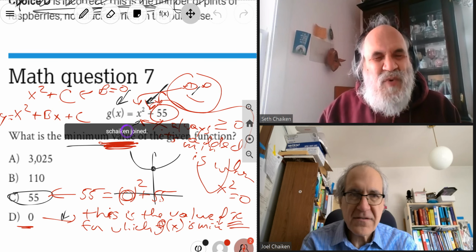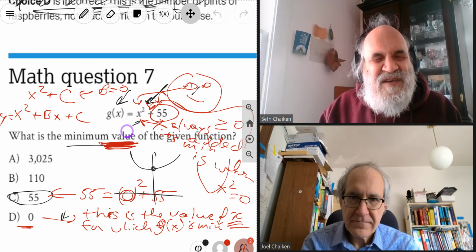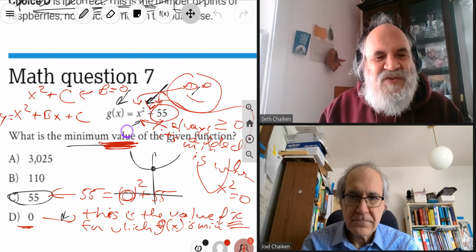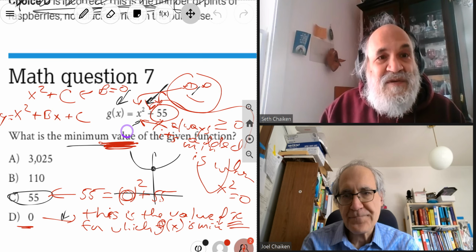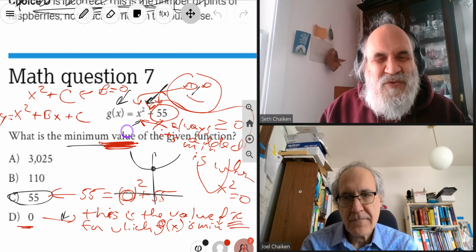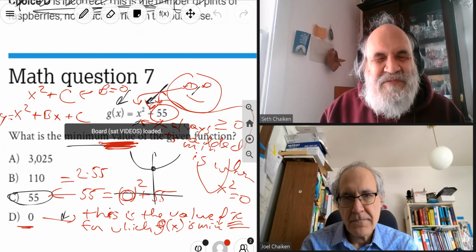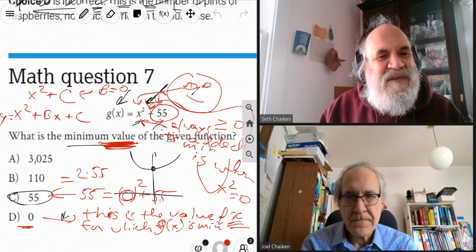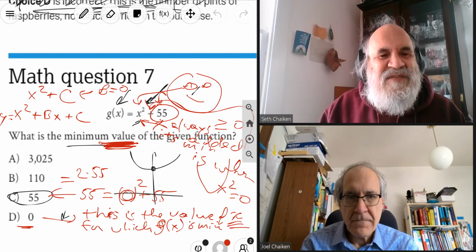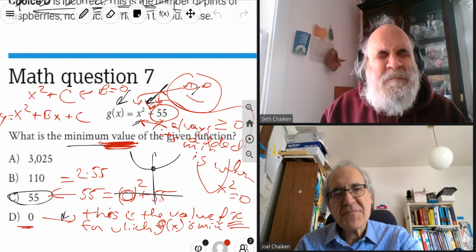I could see an origin for distractor D. Distractor B is 2 times 55. Someone who hadn't learned this stuff might multiply 2 by 55 to get this. Is this 55 squared?